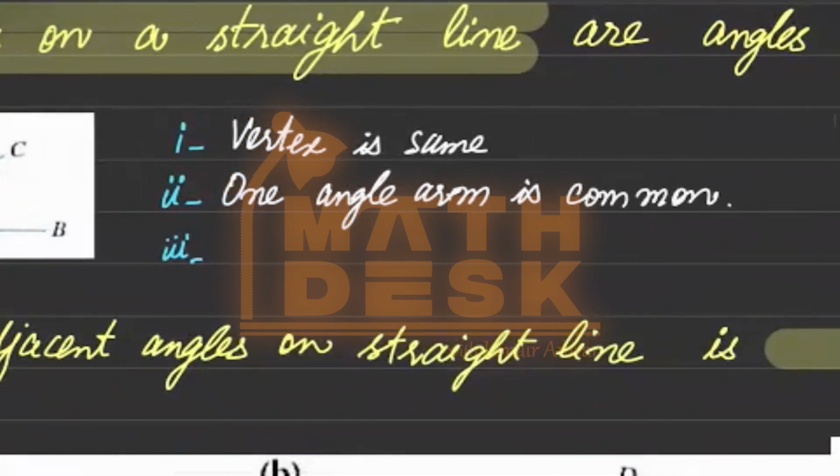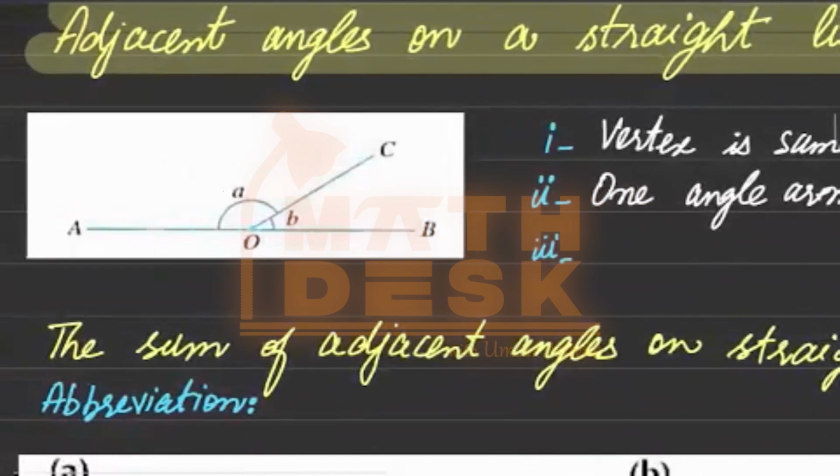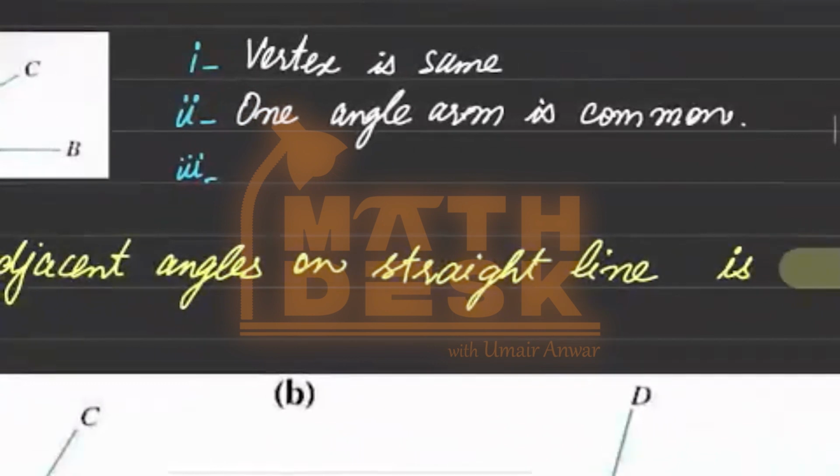So if we look at angle A, one of its arms is AO and the other one is OC. If we look at angle B, one of its arms is OB and the other one is OC. And this arm OC is common among these two angles. So that is why these two angles are called adjacent angles, as one of the conditions is fulfilled.